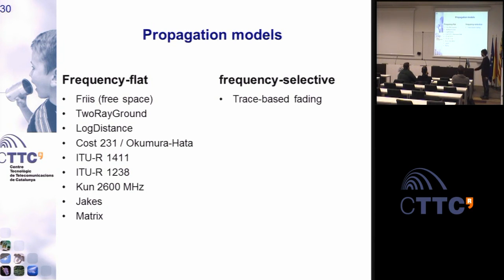And then there is the possibility of having frequency selective models. That means that one particular waveform is not considered to have just one value of power, constant in the whole band of the signal, but rather a vector of values for different frequencies, which could be, for instance, subcarriers in an OFDM system or resource blocks in an LTE system. There is one particular implementation of this frequency selective model, which is normally used for frequency selective fading.